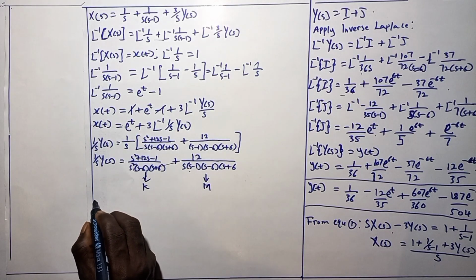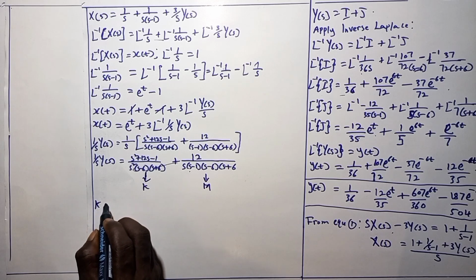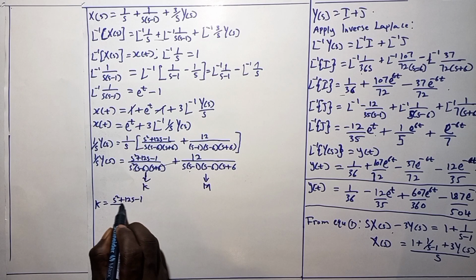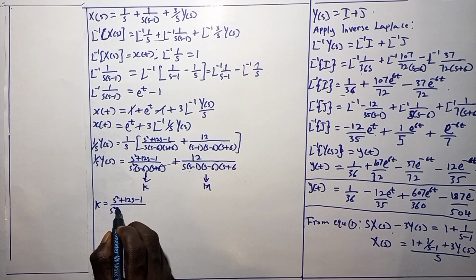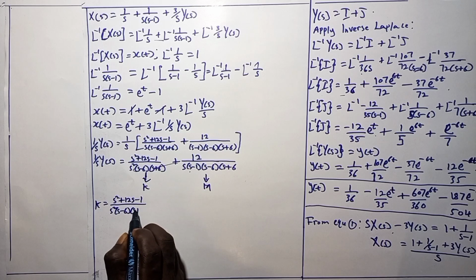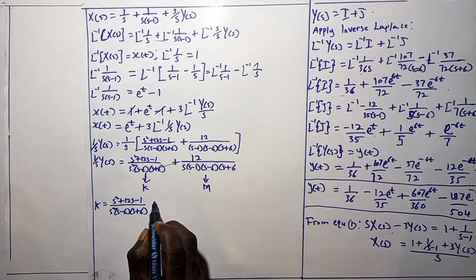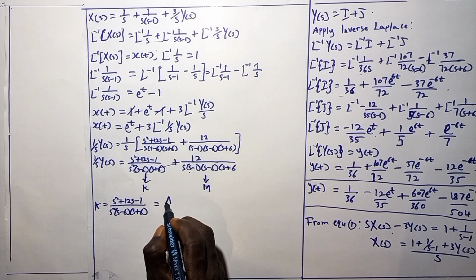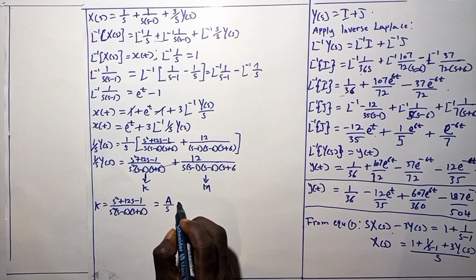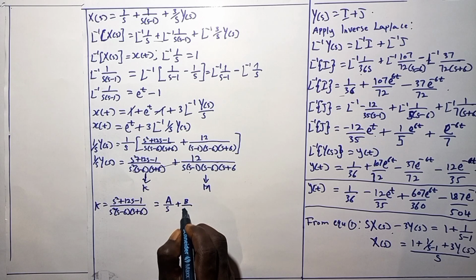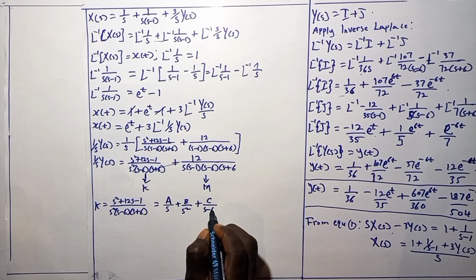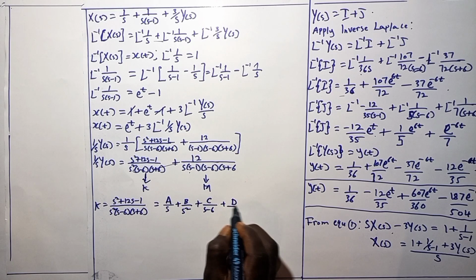So now let's first deal with this fraction k first: s plus 12s minus 1 over s squared (s minus 6)(s plus 6). Taking this, we have a over s, plus b over s squared, plus c over s minus 6, plus d over s plus 6.